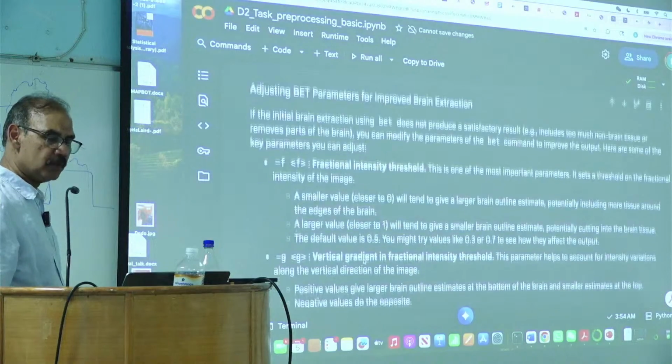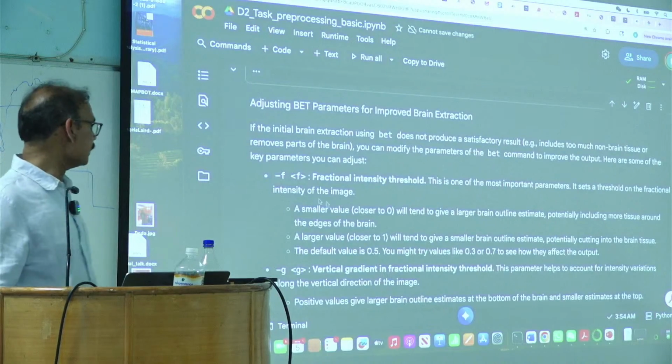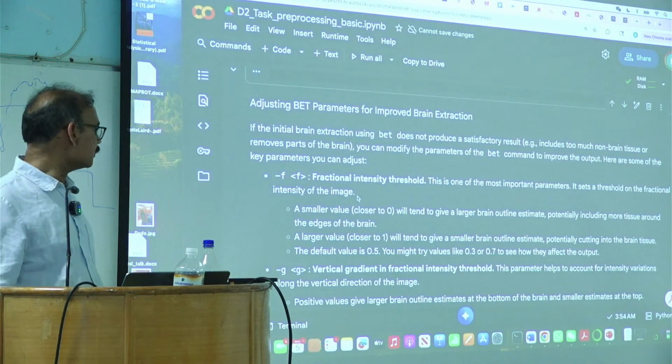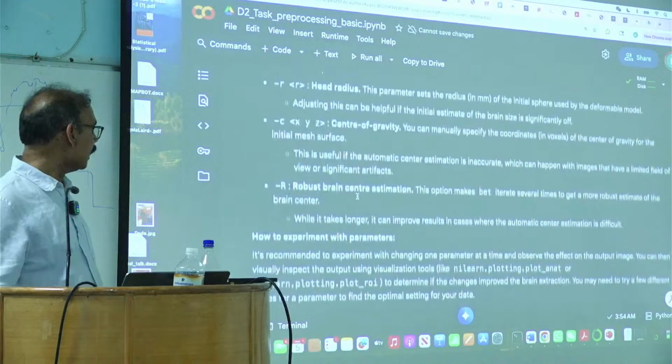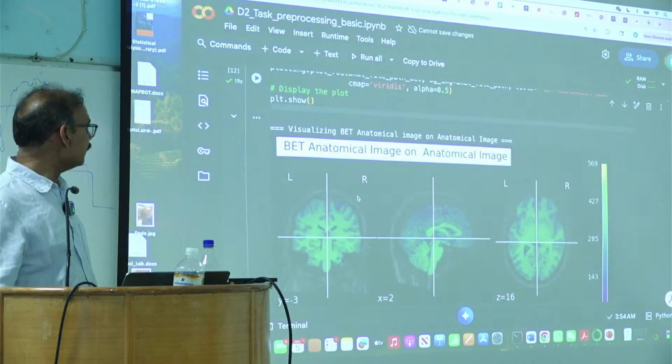So this shows how the different parameters for doing the segmentation are different ways to threshold. But I have used the ones that we typically use.